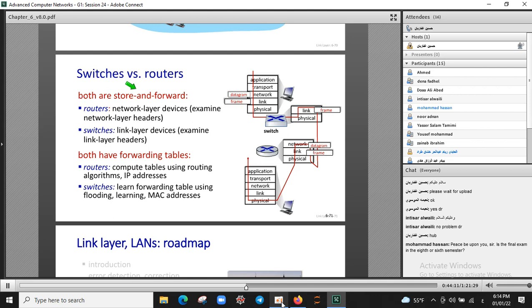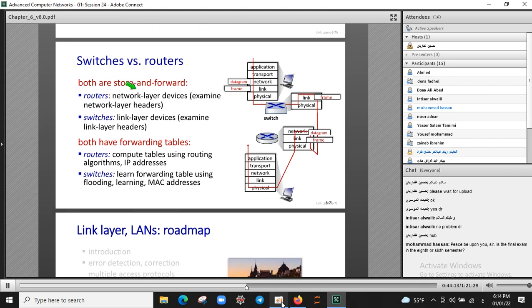Okay? But the router is using a forwarding table and routing protocols, and the switches are using switch tables and a self-learning mechanism.